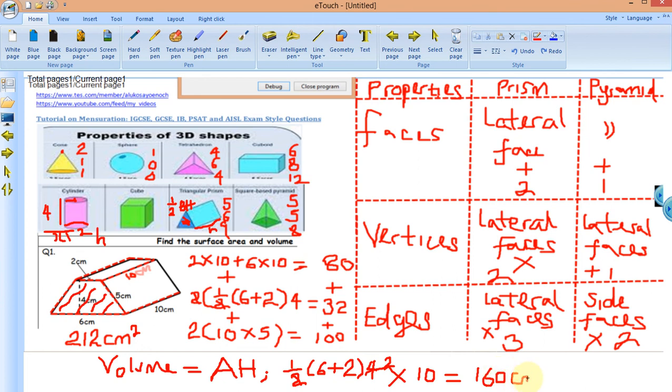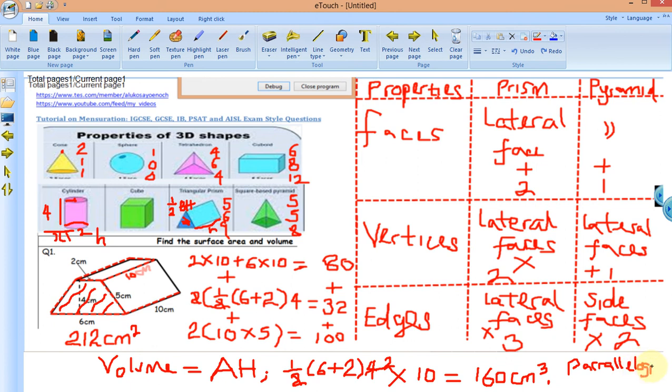So guys, as I said earlier, what's the difference between a parallelogram and a trapezium?